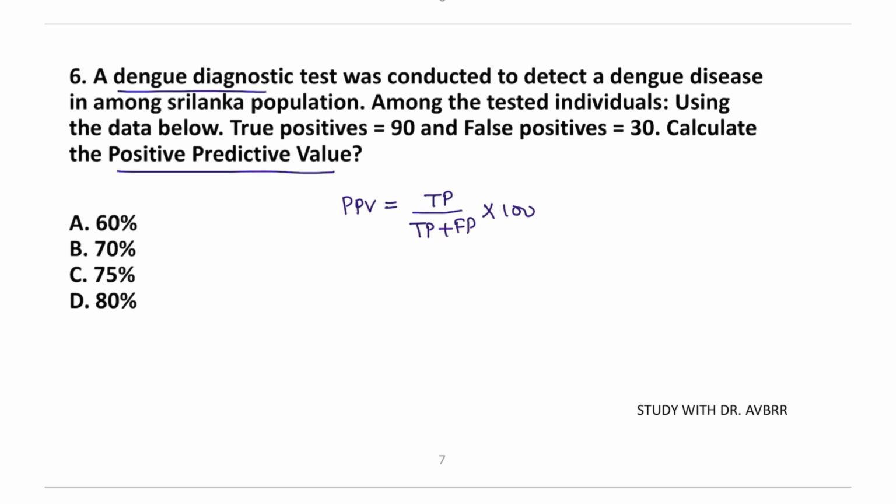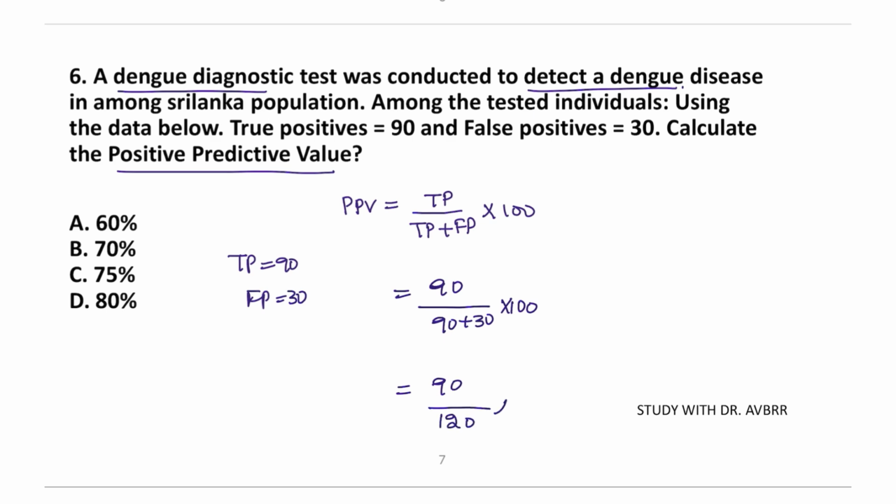A dengue diagnostic test was conducted to detect dengue disease in tested individuals using the data below. True positives are 90, false positives are 30. Let's apply: 90 divided by 90 plus 30, so 90 by 120, into 100.